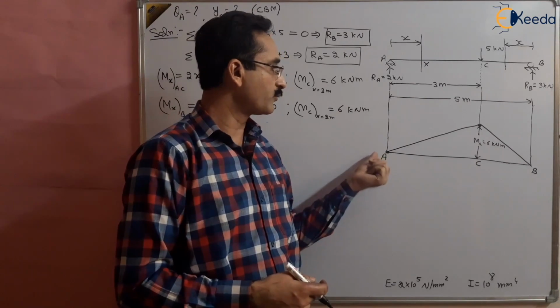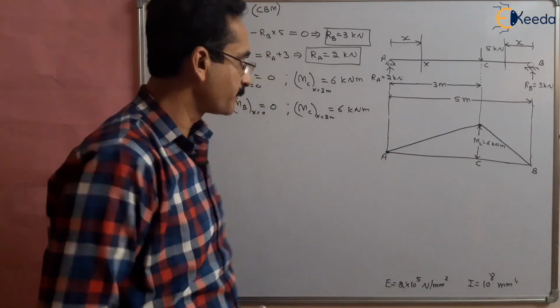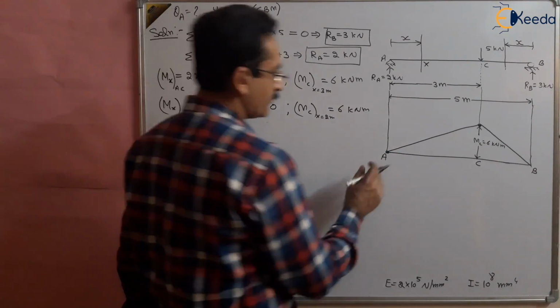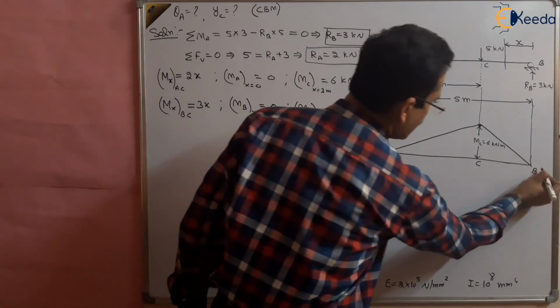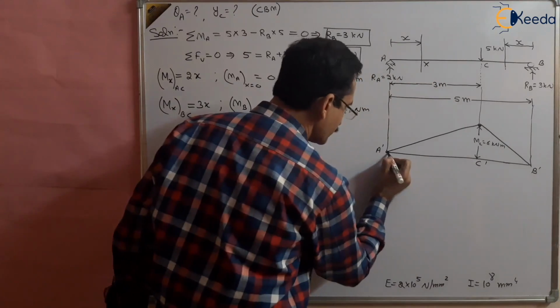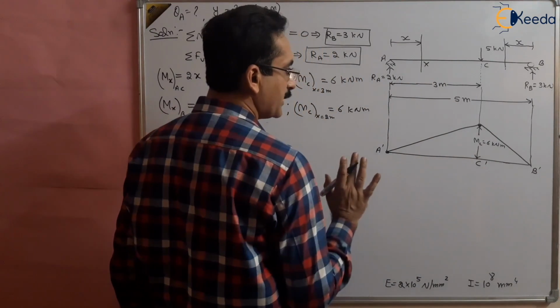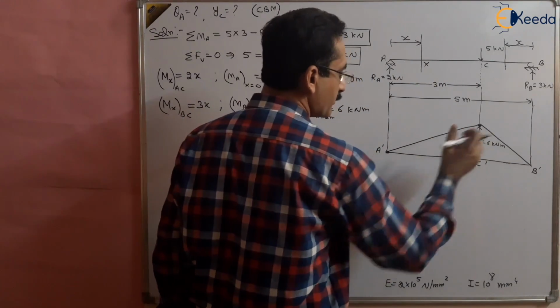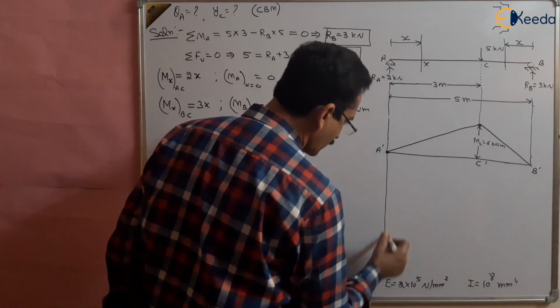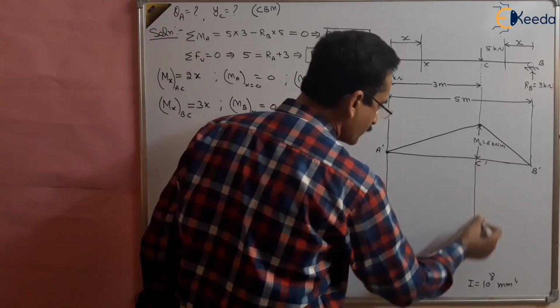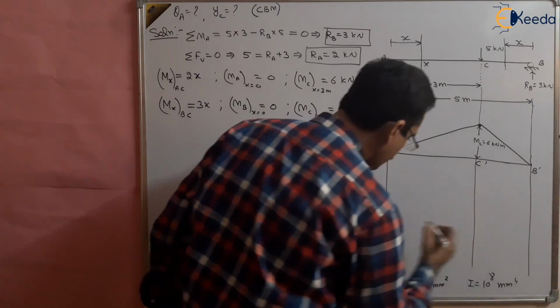So we have to find out the shear force at point A, and for that we have to find out the reaction. So this is, suppose, A dash, B dash, C dash. Now this will become a conjugate beam with 6 kilonewton meter of load, or you can make another beam of similar type, showing that this is now the loaded beam and this is now the conjugate beam.